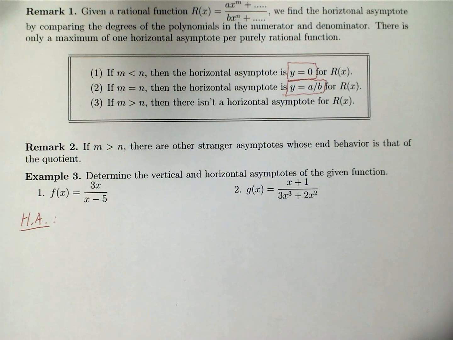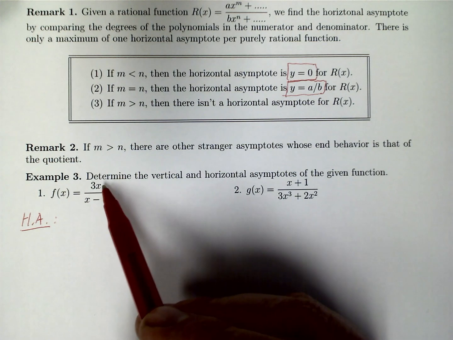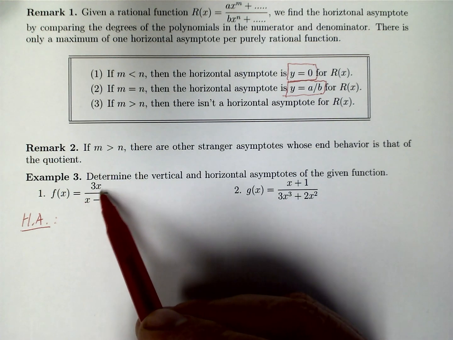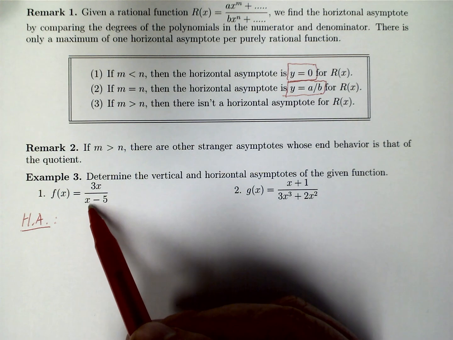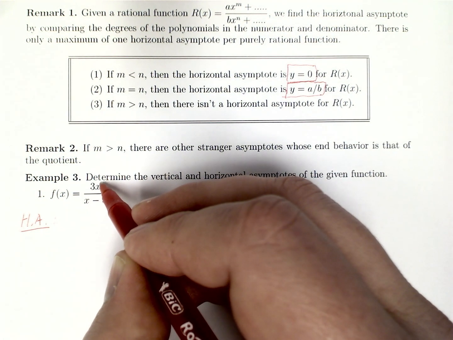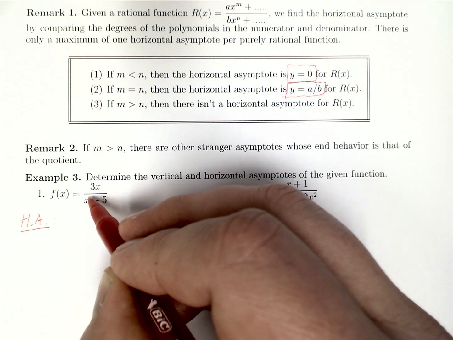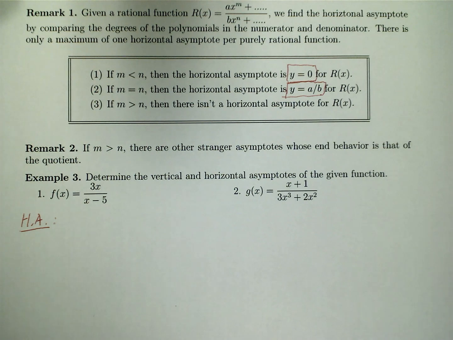The horizontal asymptotes: we look at the degree of the numerator and the degree of the denominator. The leading term here is 3x, and the leading term here is x. This is of degree 1. Again, that's the exponent there, and that's not written. And the exponent for that one is also 1.